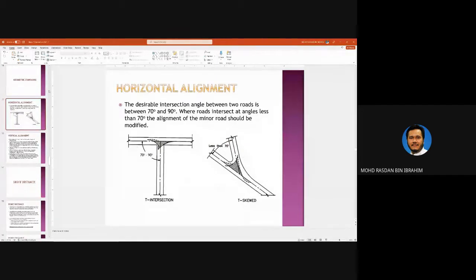All right, geometric standards for intersections. Horizontal alignment. Again, I think you already know this. 70 to 90 degrees. So less than 70 is not desirable.